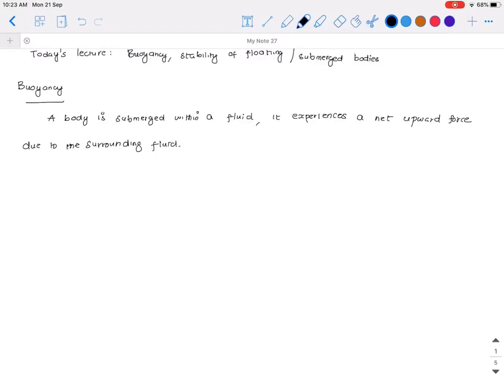This phenomenon is called buoyancy, and the upward force is the buoyancy force.